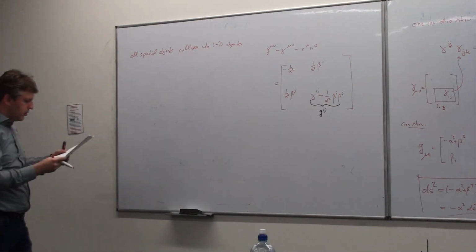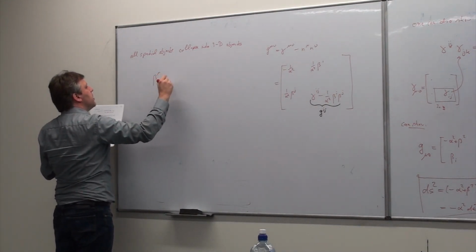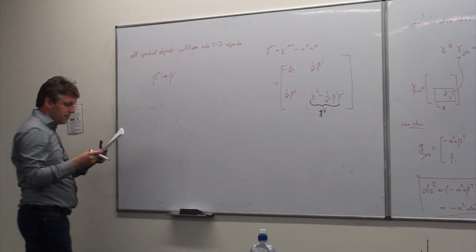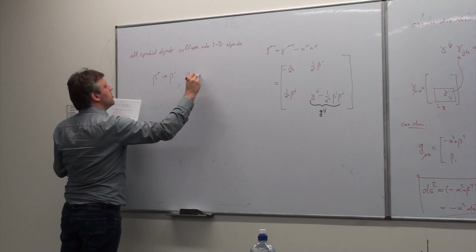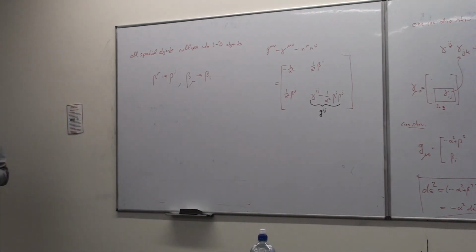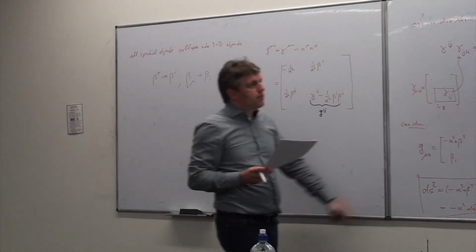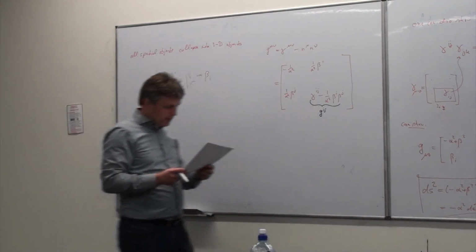So I've already indicated over there that beta upper mu can be replaced by beta upper i, and beta lower mu can be replaced by just beta lower i. And the time component doesn't really carry extra information. It can always be reconstituted by the fact that the whole beta 4-vector must be orthogonal to n.